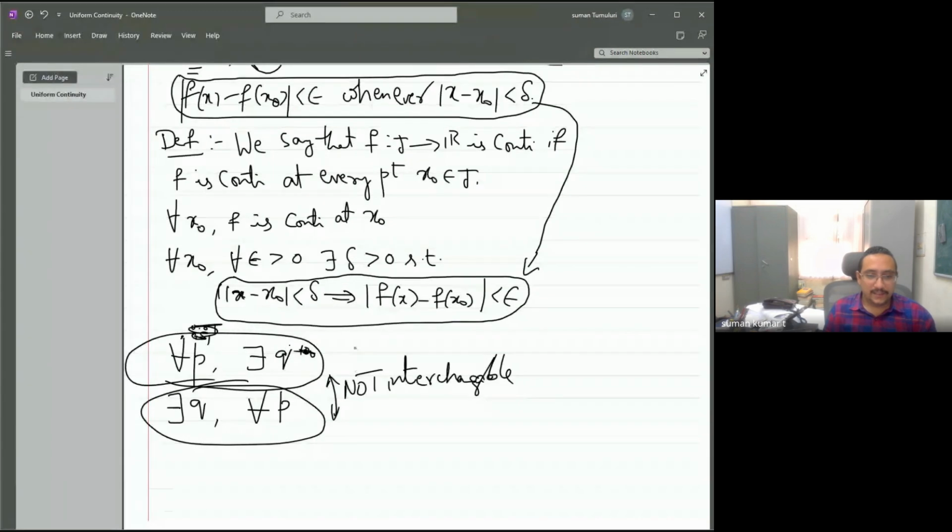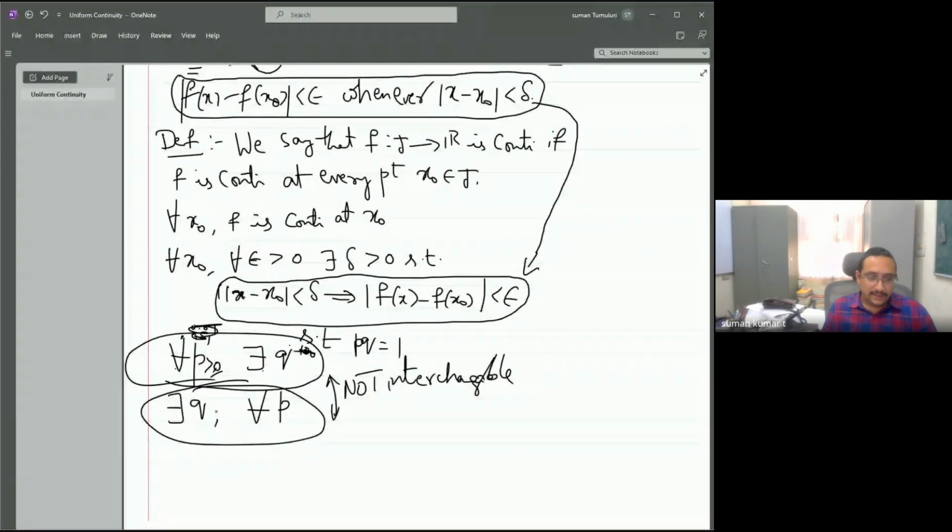So in other words, I can have this: for every P, there exists Q such that PQ is equal to 1. It means if I fix P positive, then there exists Q such that PQ is equal to 1.